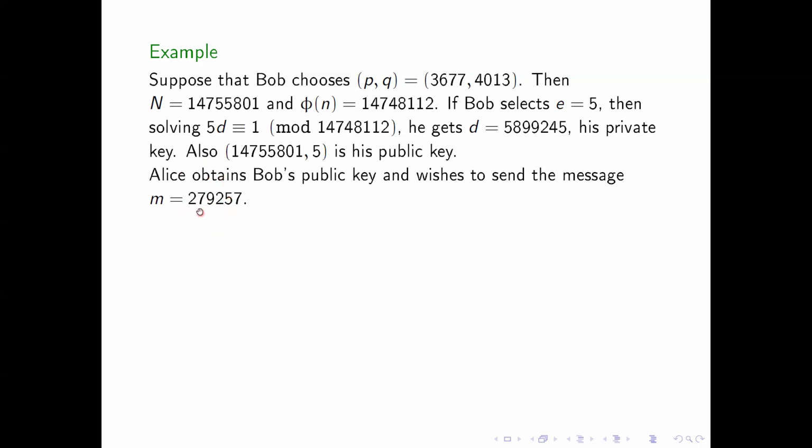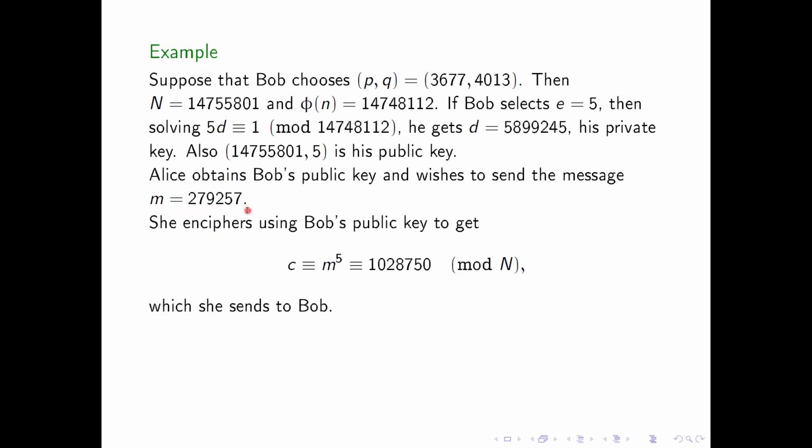In this certain aspect, 279257, I'm just going to take that and raise that. So I should say Alice is going to raise that to the 5th power, because that is Bob's exponent. And she's going to then take that mod this, what's that? 14,755,801. She can take that after she raises her message to the 5th power.